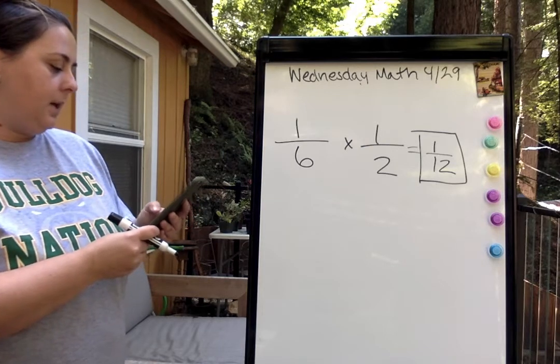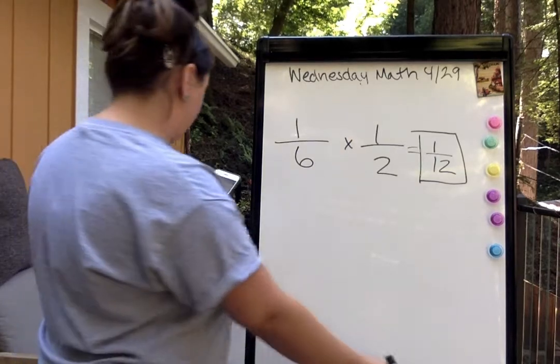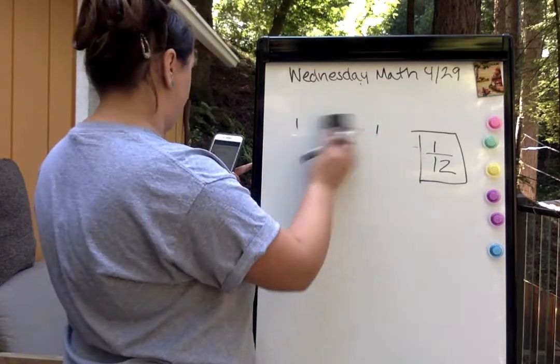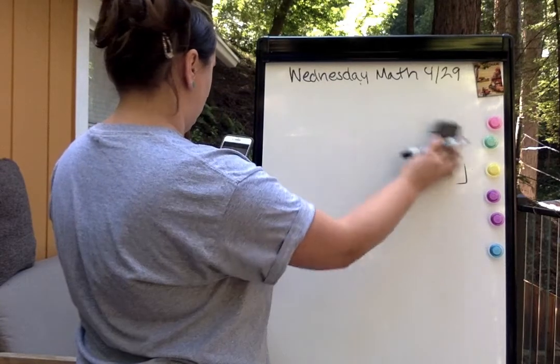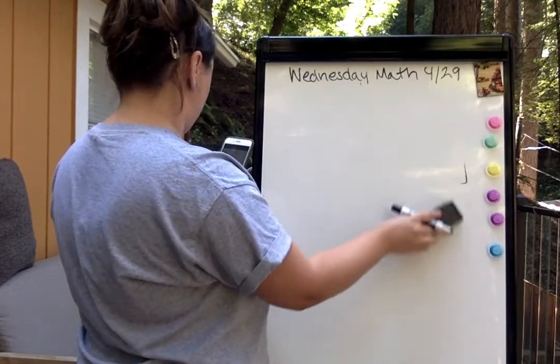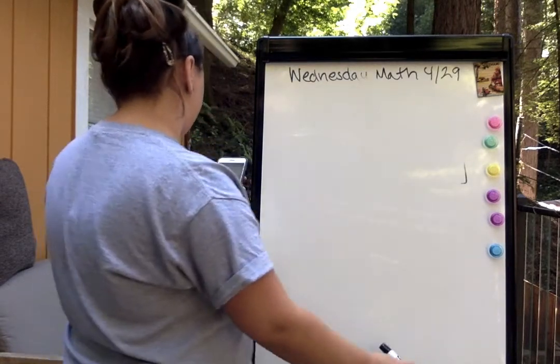The model below represents which problem? So we have, it looks like this.